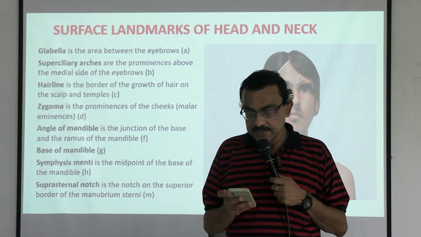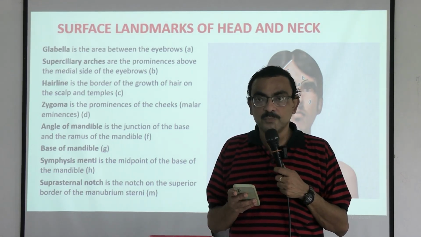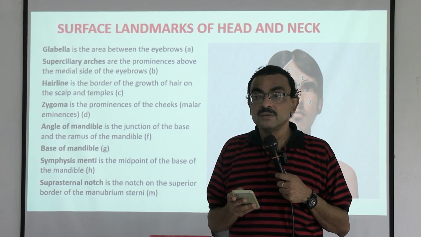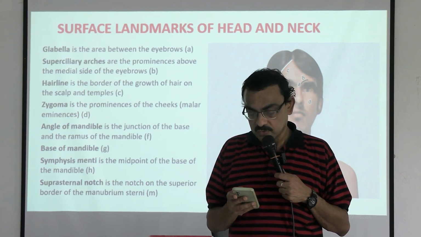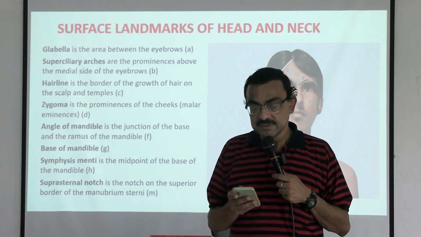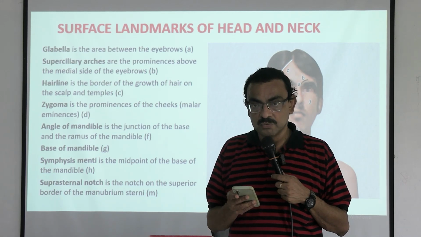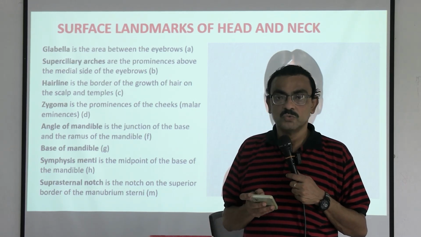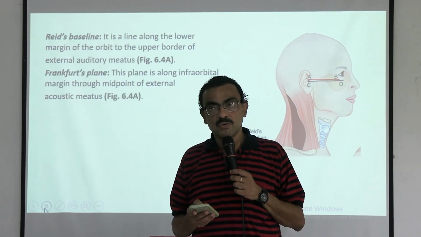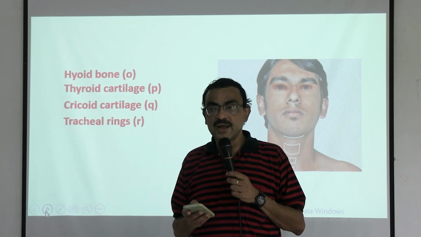Number 3, tip of greater cornu of hyoid bone. Number 4, thyroid eminence.